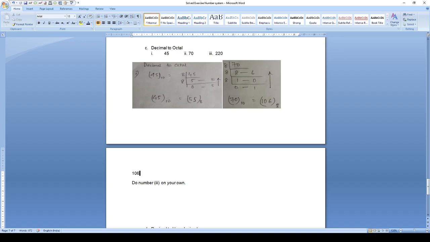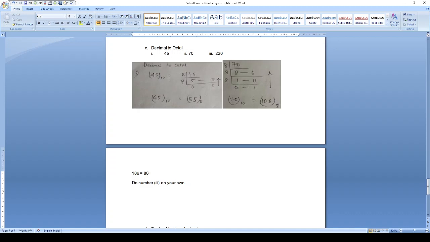106. So what are the positional values? 6 is 8 to the power 0. 0 is 8 to the power 1. 1 is 8 to the power 2.